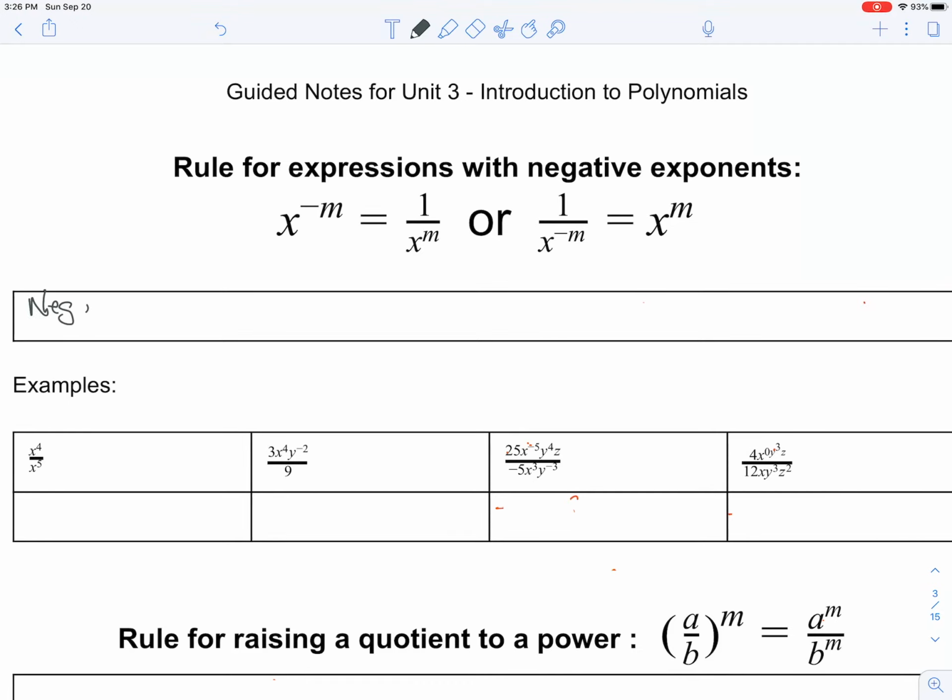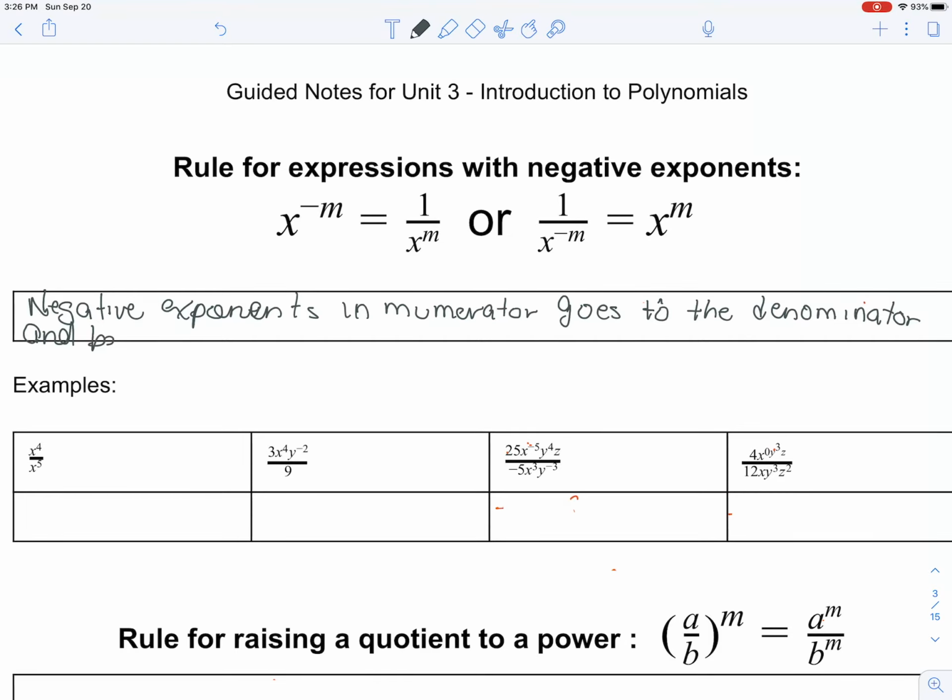Negative exponents in numerator goes to the denominator and become positive.